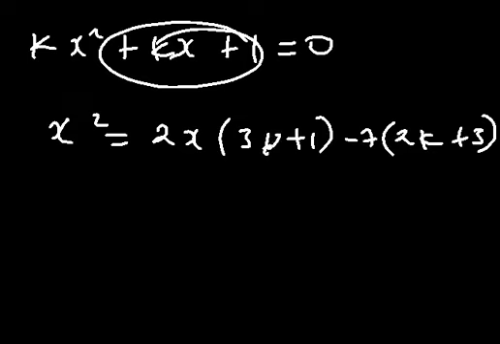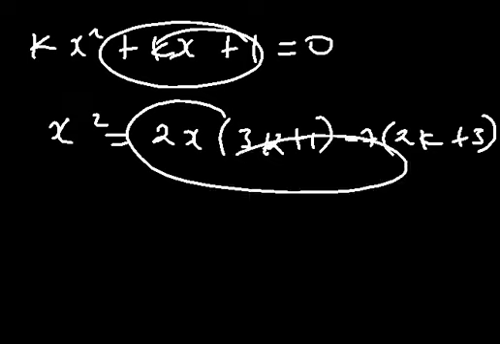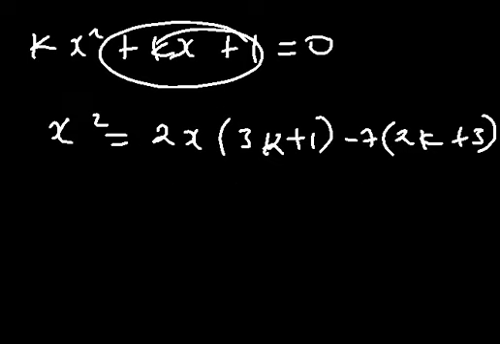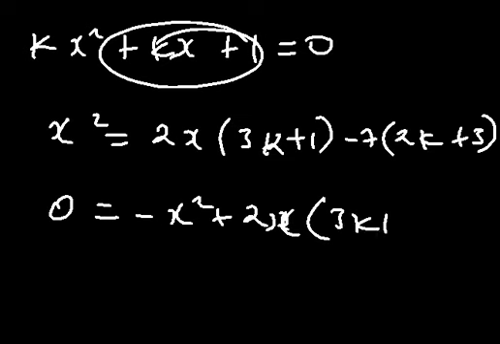So this is a typical quadratic equation because the highest degree is 2. So in this case we'll have 0 equal to negative x squared plus 2x times 3k plus 1, minus 7, 2k, plus 3.